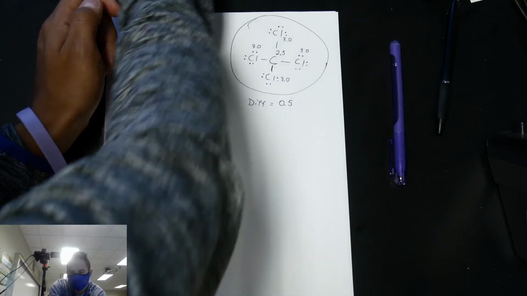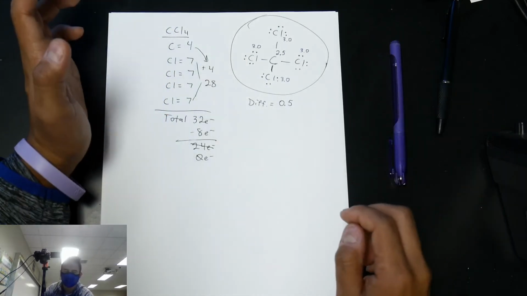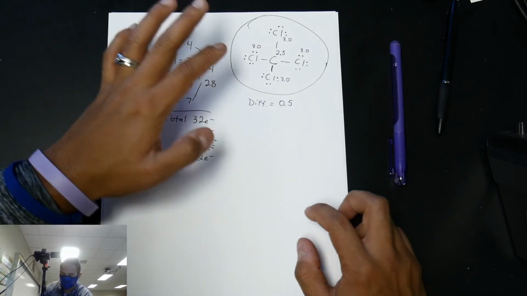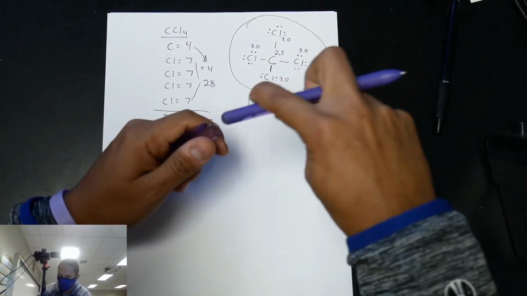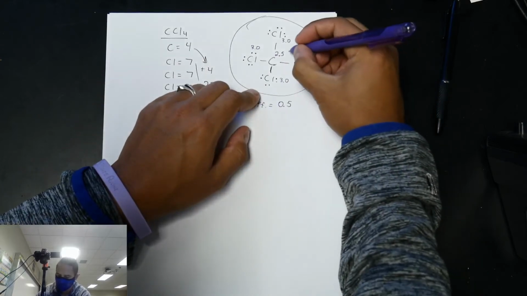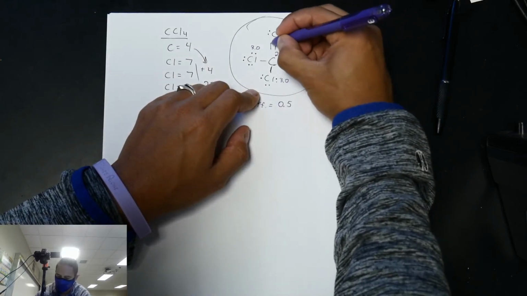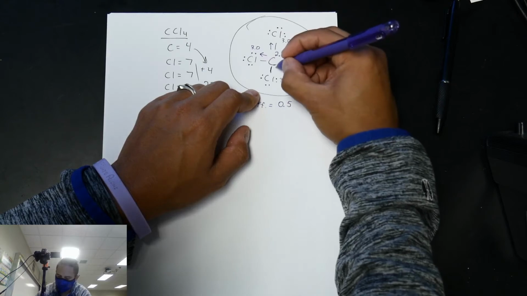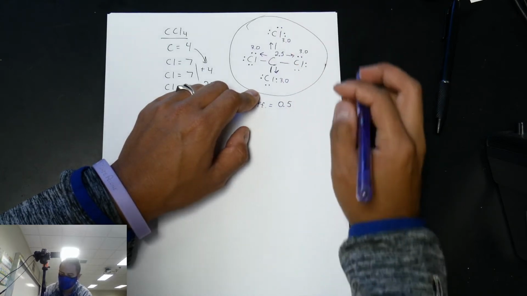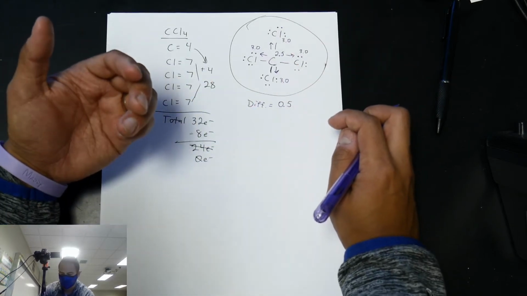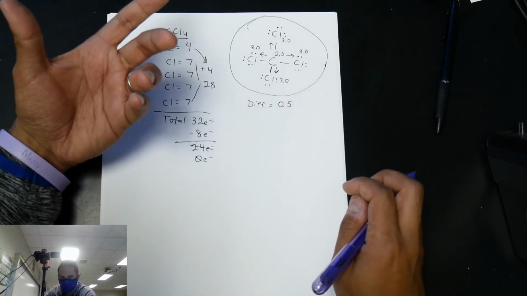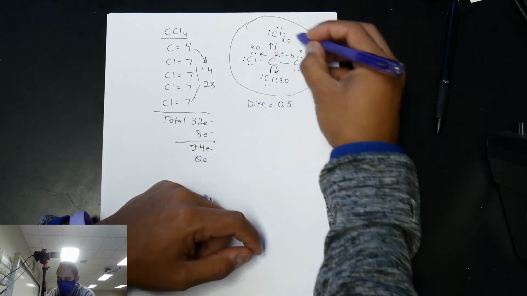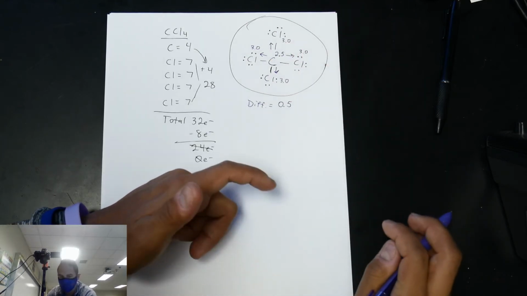Polarity is primarily when you have an imbalance of charge. So if we look at this, although these chlorines are more negative, they're more electronegative, they're going to tend to want to pull electrons away from the carbon. The main difference is that there are 4 chlorines and all of them are going to be pulling electrons away from the carbon, all in balanced and opposite directions, which basically means all of these chlorines are going to balance each other out.